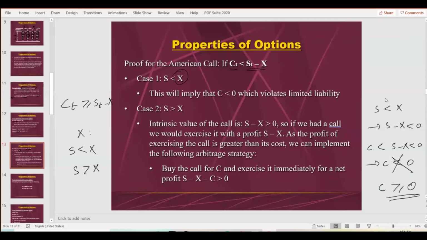Buy the call for C and exercise it immediately for a net profit of S minus X minus C, greater than 0. Because remember, here we are assuming that C is less than S minus X. So when I exercise, I'm receiving S minus X. However, because S minus X is greater than C, I will have S minus X minus C greater than 0.